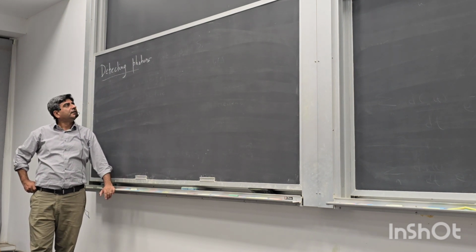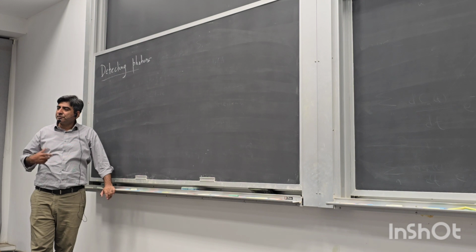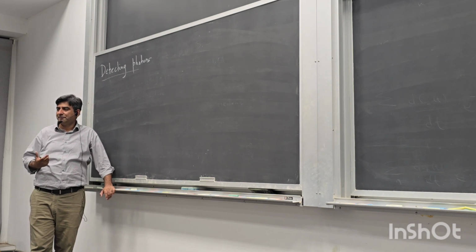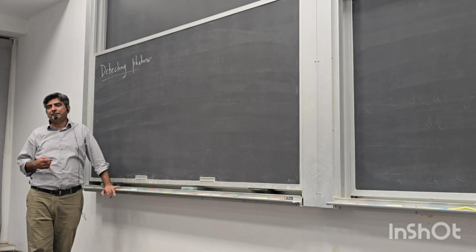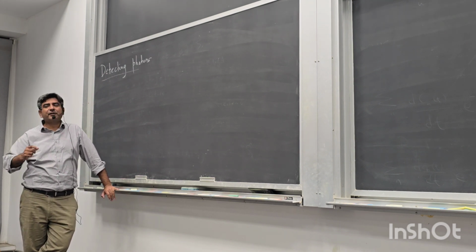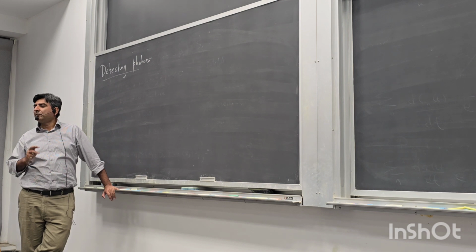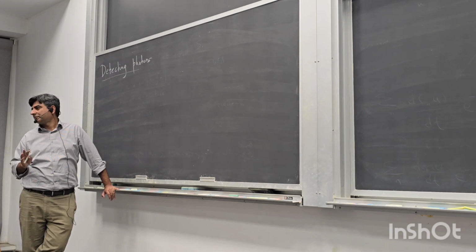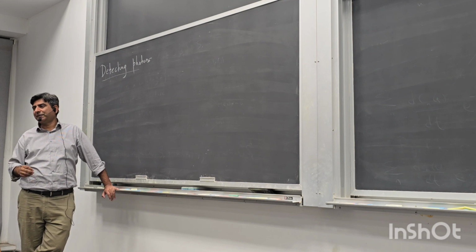And the word photon conjures the idea of a particle. And when we say that the photon is really a particle, it really means that it cannot be detected twice. Once you detect a photon, it's gone. You can't look at the same photon again.